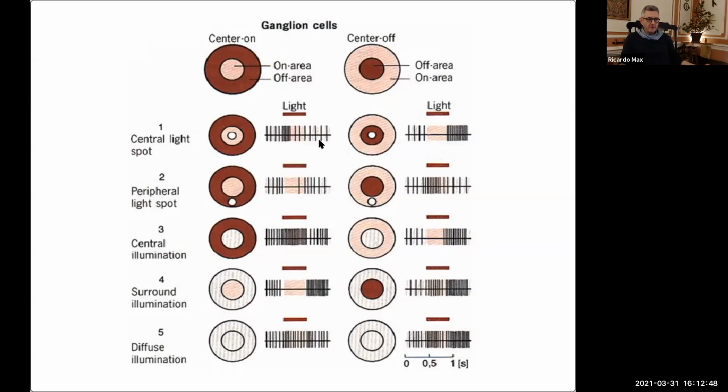These are the different situations when light falls a little bit in the central area, a little bit outside, all the central area, maximum firing rate, all the surround, maximum inhibition. And the opposite is the center off, where the exact opposite happens.